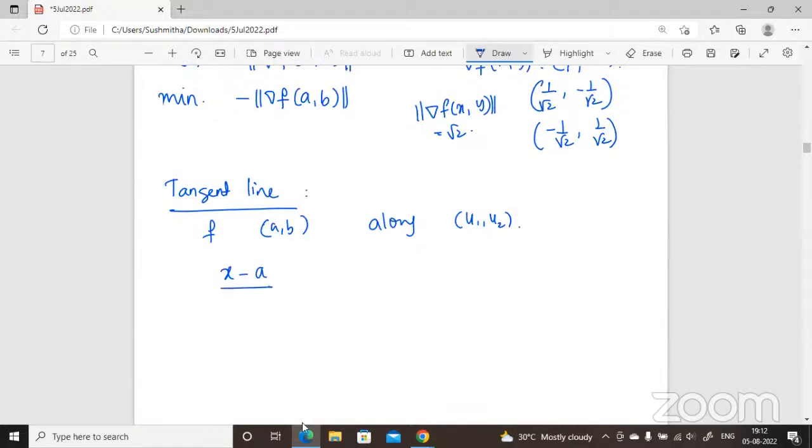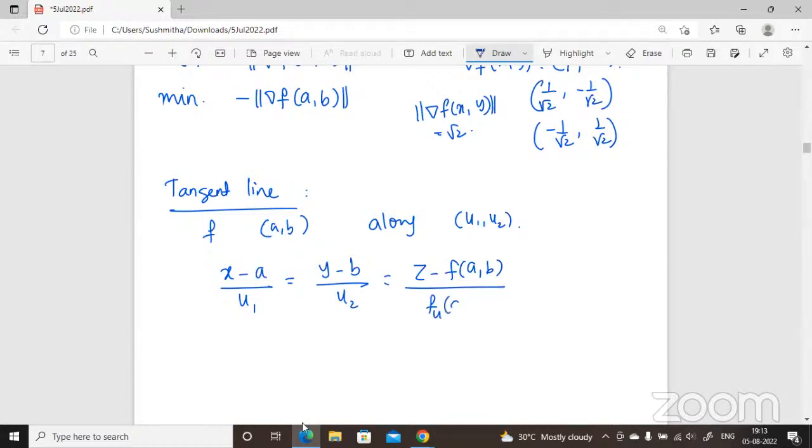So you choose the point: (x minus a) divided by u1 equals (y minus b) by u2 equals z minus f of a, b, divided by the gradient. The point for z is f of a, b.